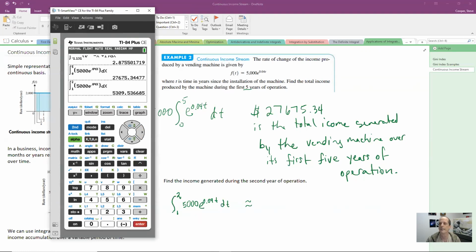Okay, so total income generated during the second year is about $5,309.54.